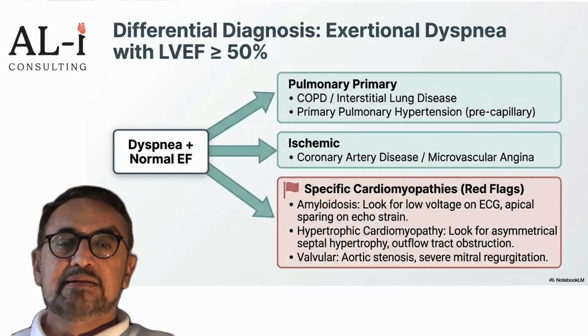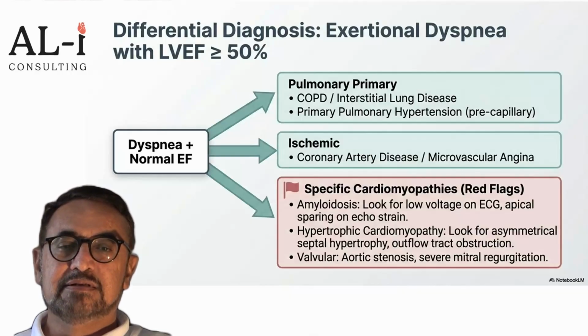Then there are the red flag cardiomyopathies. Amyloidosis may declare itself with low voltage on EKG, apical sparing on strain. Hypertrophic cardiomyopathy raises concern when you see asymmetric septal hypertrophy or outflow obstruction.